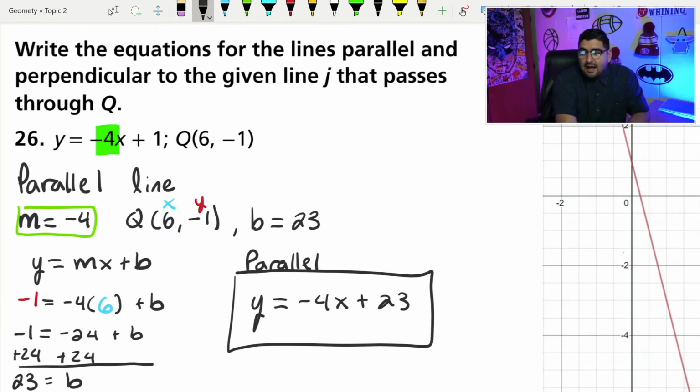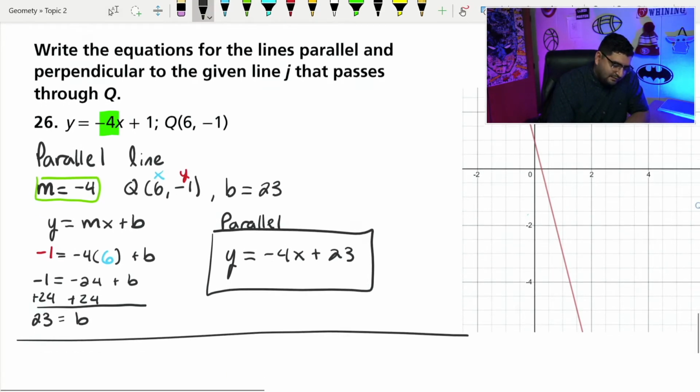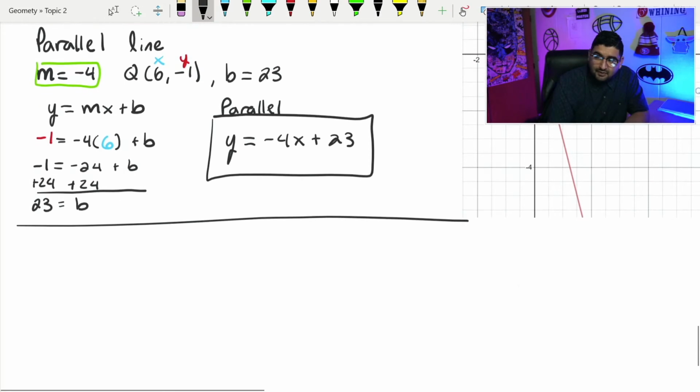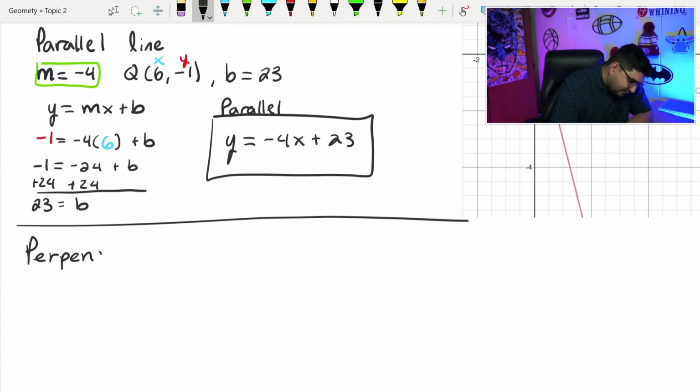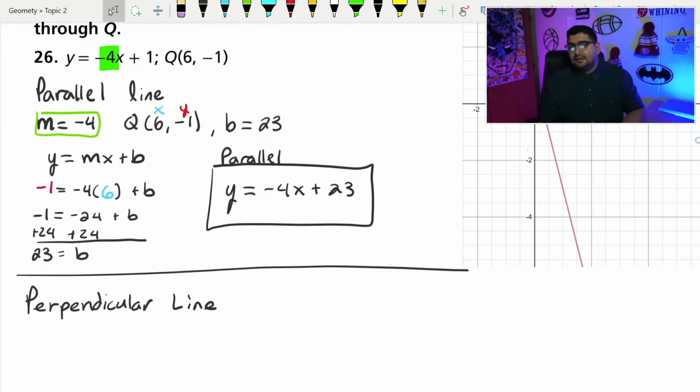Now I have to think about how I can write the equation of the perpendicular line. So let's move down a bit so that we have more room to write. Now, what about the perpendicular line? Again, we know that the slope of the line they gave us is negative 4.